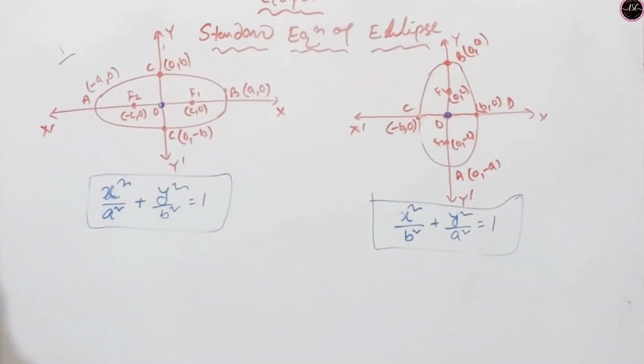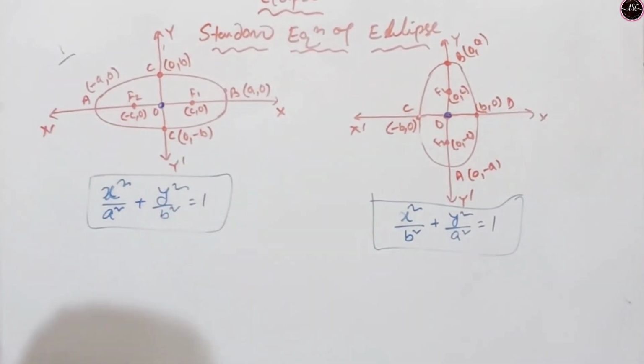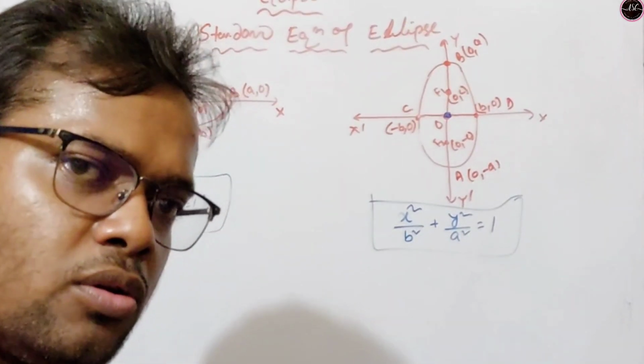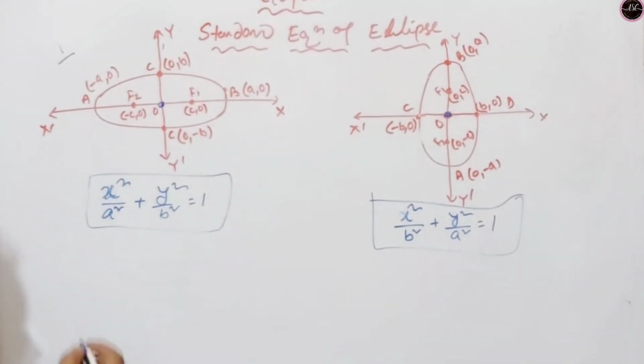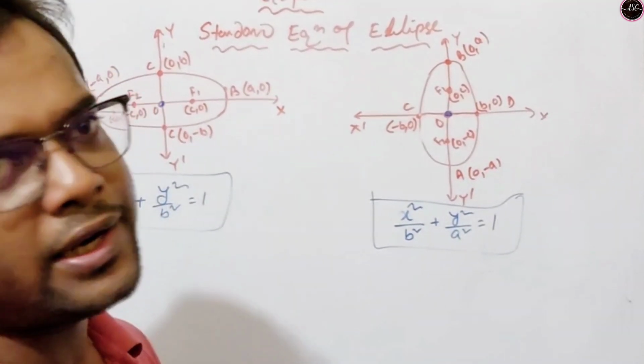Okay, from these two equations, some observations we have found. Observation number 1: the ellipse is symmetric to the coordinate axes.